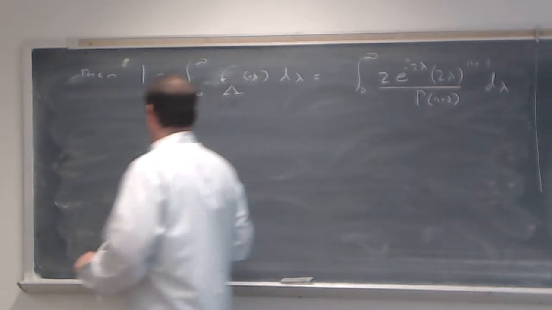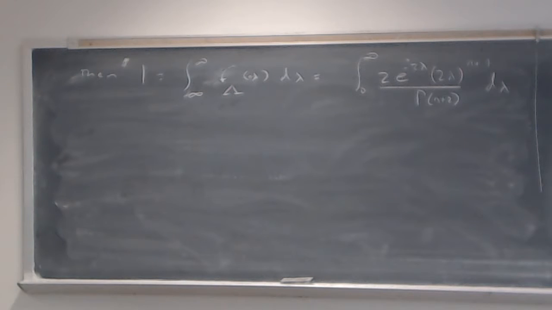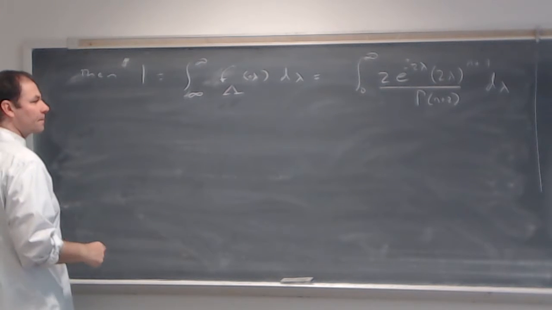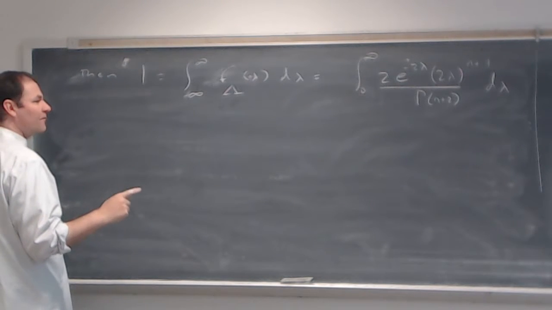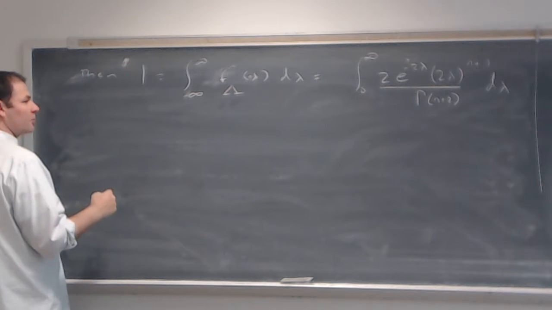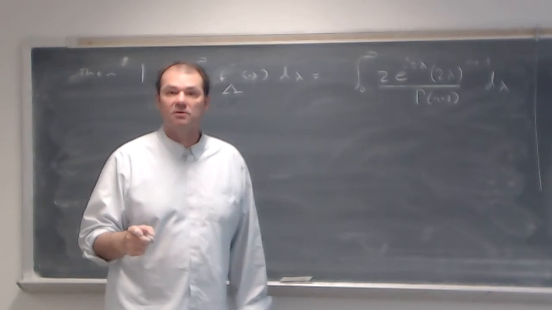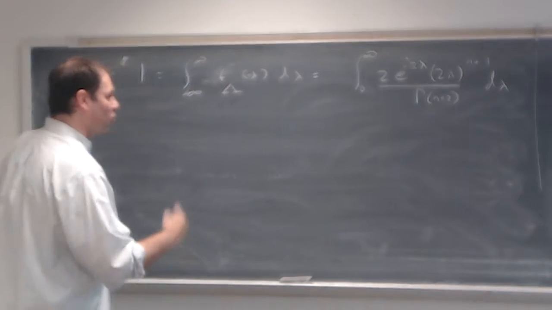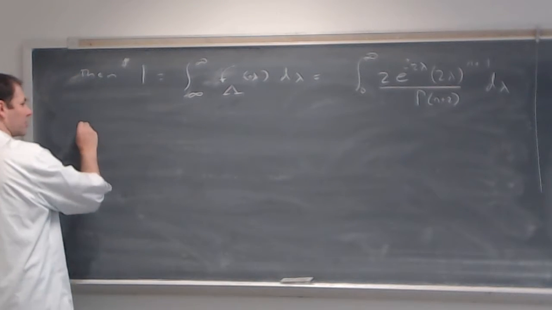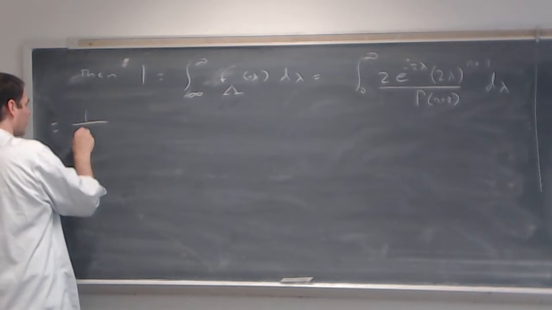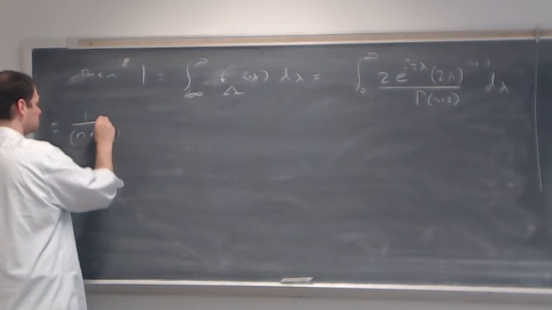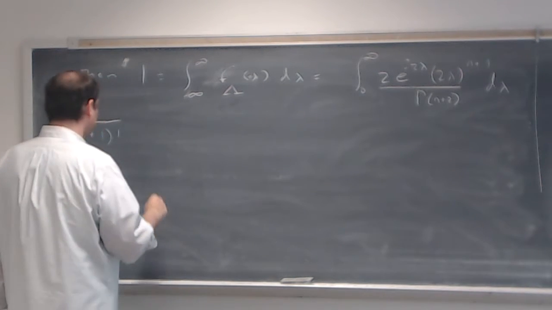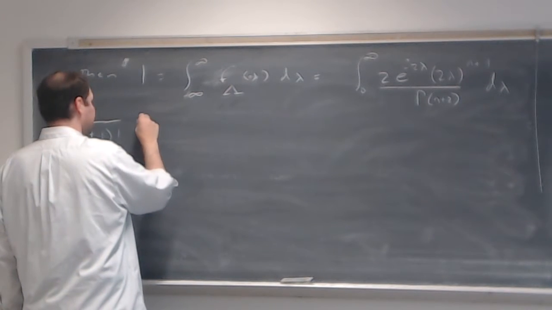That's what we'd be looking at. Remember, we proved in the last homework assignment a formula for that gamma of n plus 2: it's just n plus 1 factorial. So this is 1 over n plus 1 factorial.